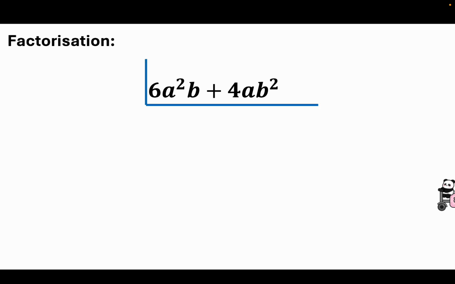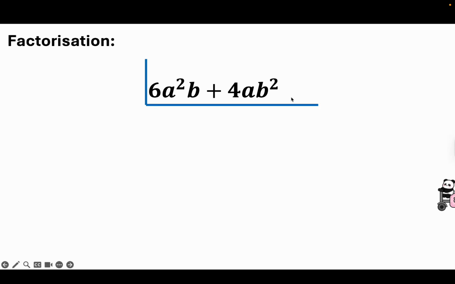Let's look at an example together. If you're given this expression, how can you factorize it? How can we give the brackets back to it? First thing, I will draw an upside down long division bar, something like this.